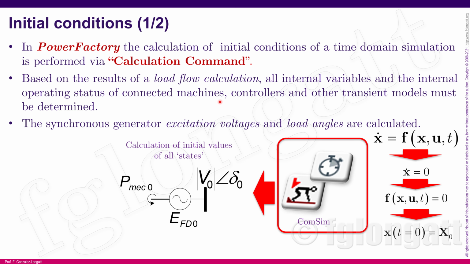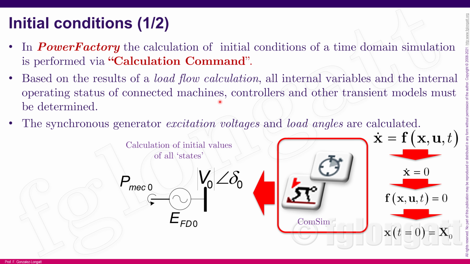and then after that load flow, all the internal variables, all the internal operating status of controllers, synchronous machines, and any other dynamic components are calculated. What I'm telling you is that the calculation command initial condition takes into account the differential algebraic equations.